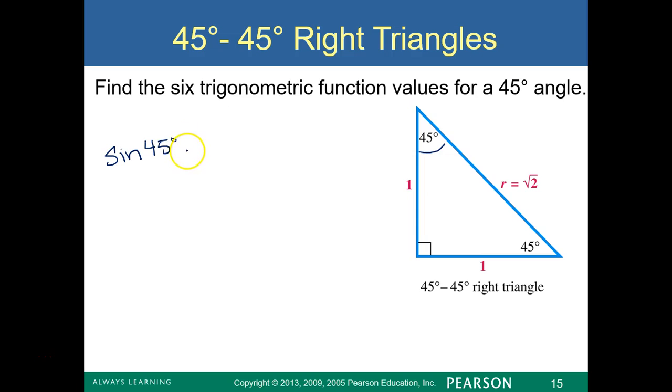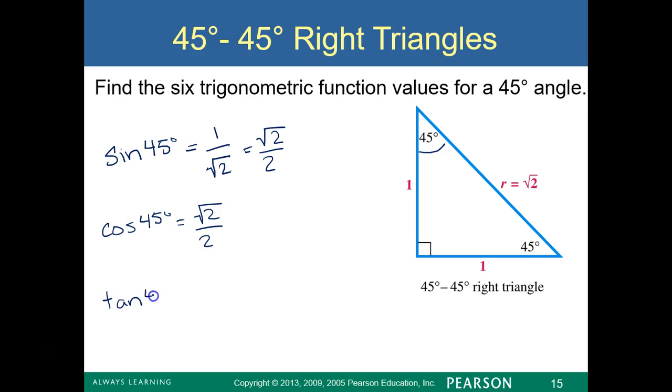So sine of 45 is opposite over hypotenuse, so 1 over the square root of 2, which is square root of 2 over 2. Cosine of 45 degrees, it's going to be the same thing, square root of 2 over 2. Tangent of 45 degrees, it's 1 over 1, which is 1.